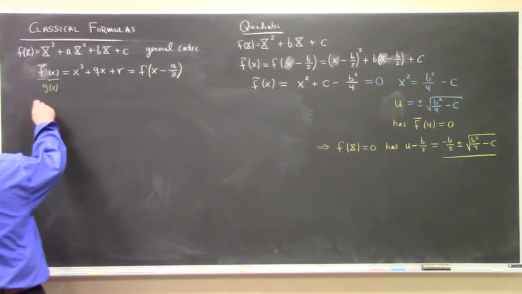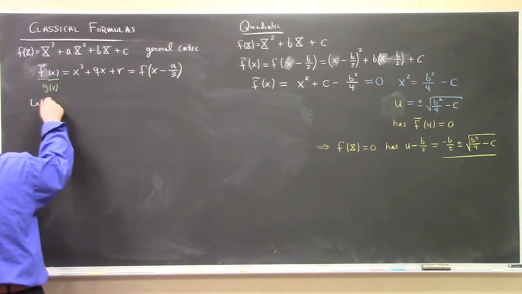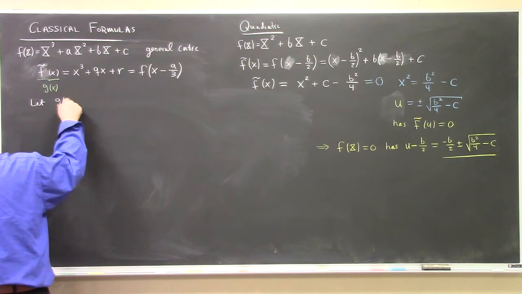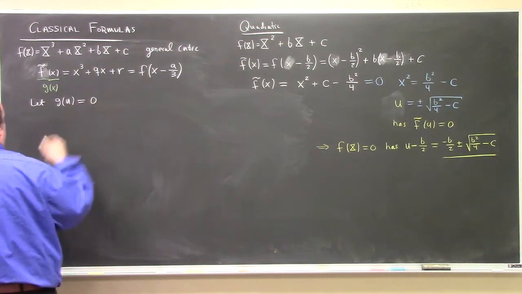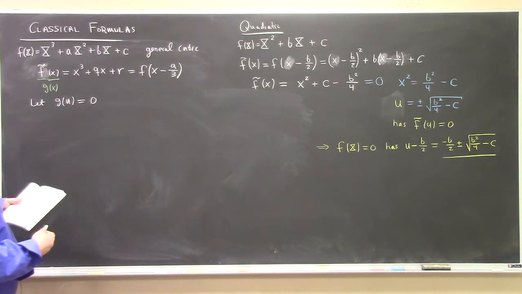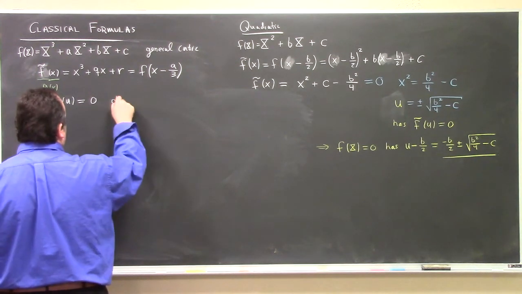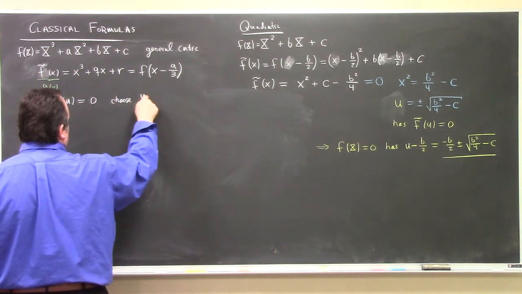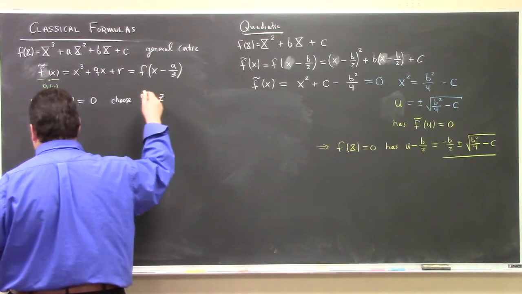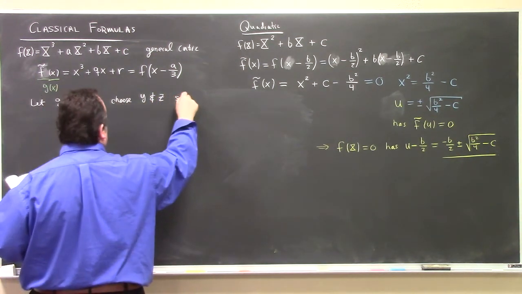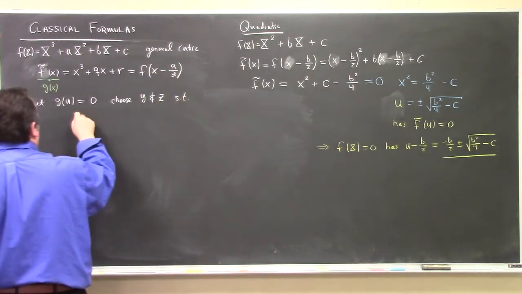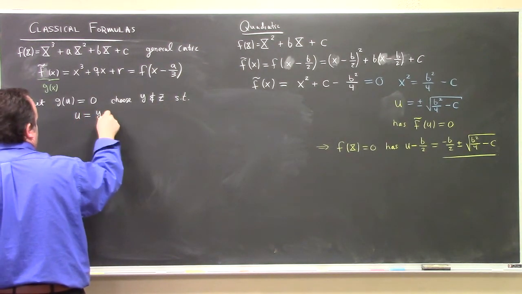So he says, let g of u be 0. In other words, let u be a root of g of x, okay? And choose y and z such that u is equal to y plus z.